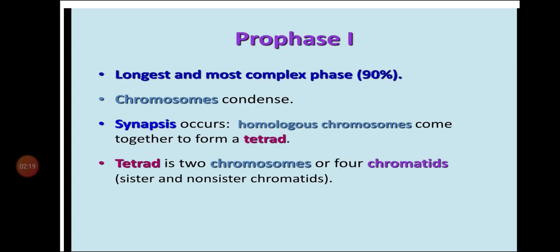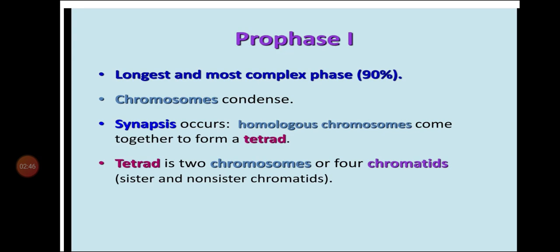Prophase 1 is the longest and most complex phase; 90% of the time the cell remains in prophase 1. Chromosomes at this phase are condensed. Synapsis occurs during this phase, that is, homologous chromosomes come together to form a tetrad. A tetrad is 2 chromosomes or 4 chromatids, that is sister and non-sister chromatids.